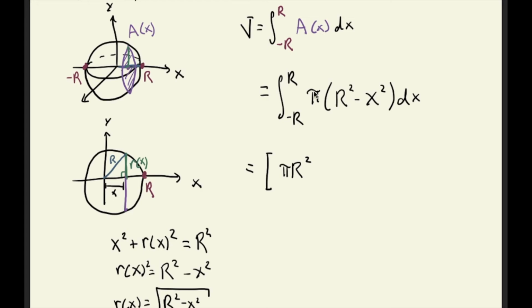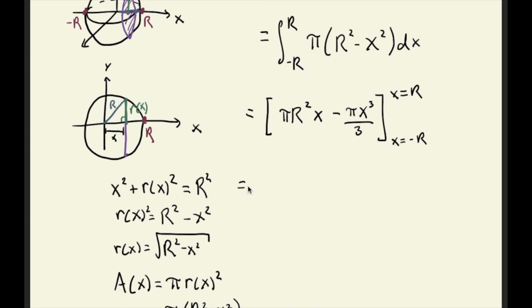The antiderivative of a number is the number times the variable x. So pi r squared x. And here you get negative pi x squared, the antiderivative is negative pi x cubed over 3. And you need to plug in x equals r and x equals negative r.